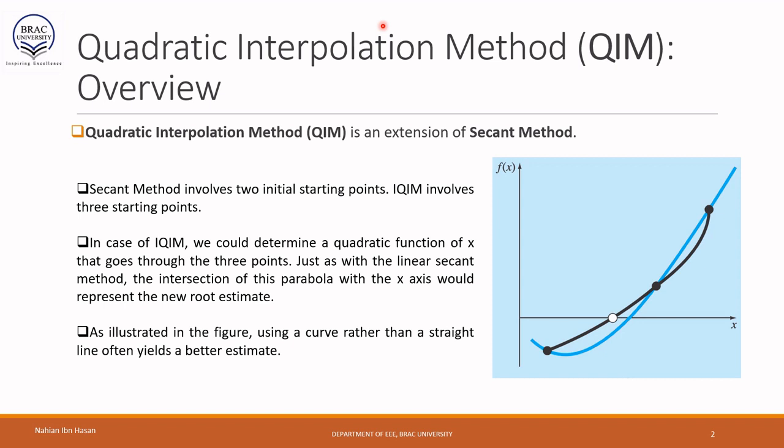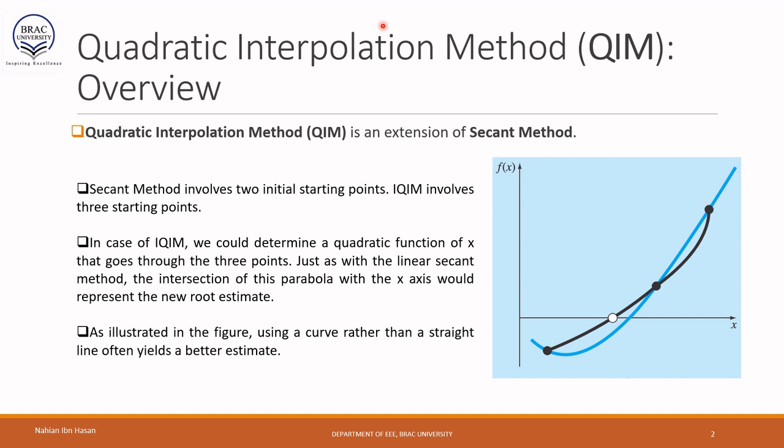We are going to fit a second order polynomial, which is also known as the parabola, and that parabola is going to intersect the x-axis at a specific point which is this white dot. So this white dot, the intersection point with the x-axis, is our approximation of the root. So that is the difference between the secant method and the quadratic interpolation method.